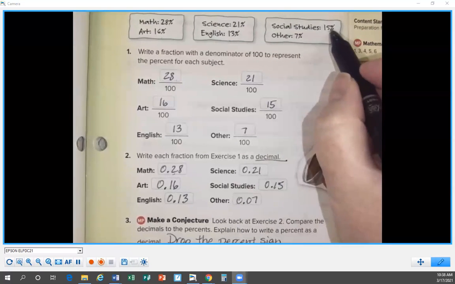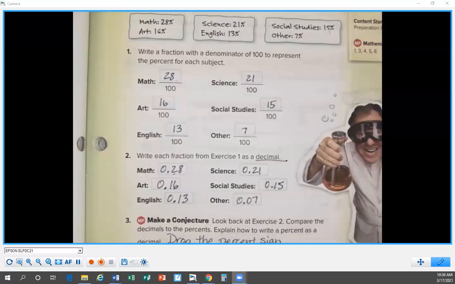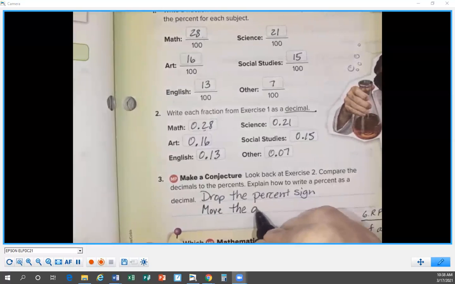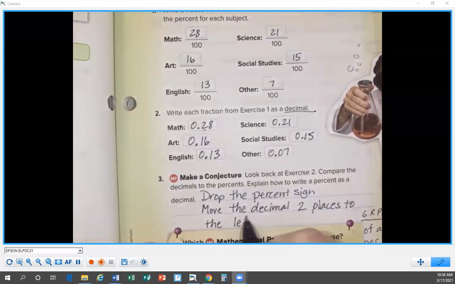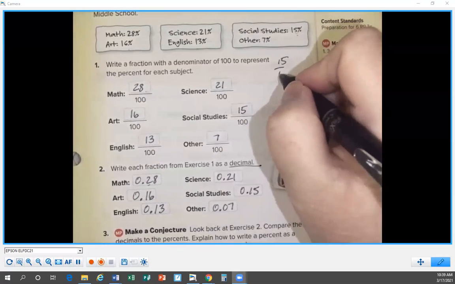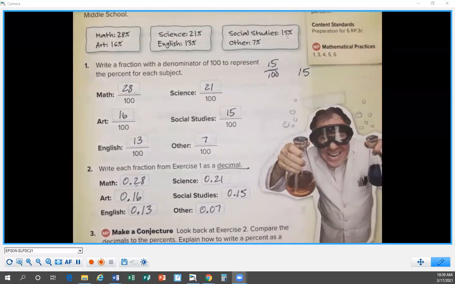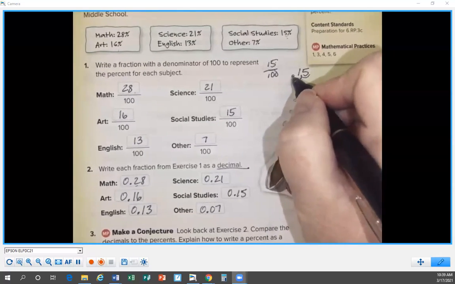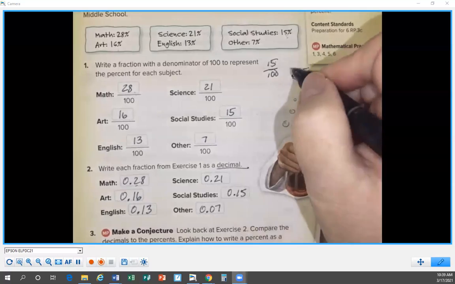So to divide the 15 by 100, I move my decimal 2 places to the left. Which makes sense because we're really just following the instructions. 15% means 15 per 100, which means 15 divided by 100. So here's my number 15. To divide by 100, I move my decimal 2 places to the left, 0.15.